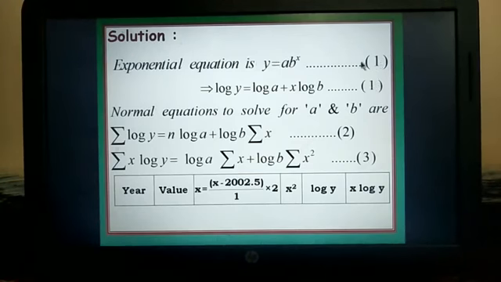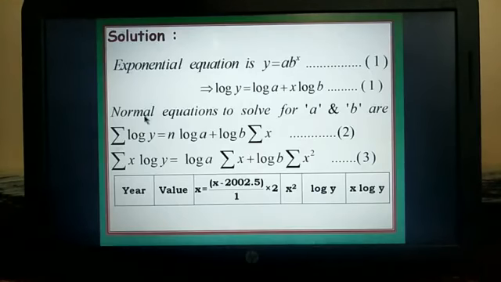In this equation x is the time points and y is the given values, and a and b are constants. Our main intention is to find these two constant values with the given data.